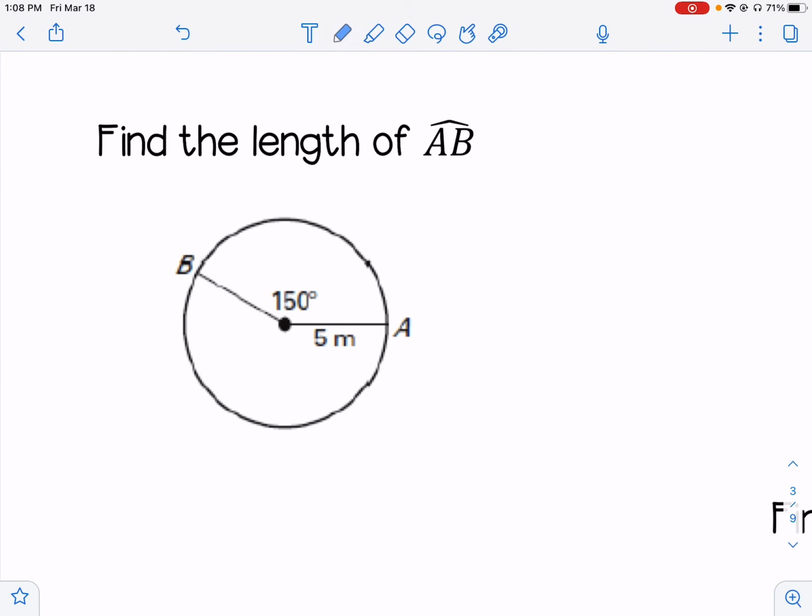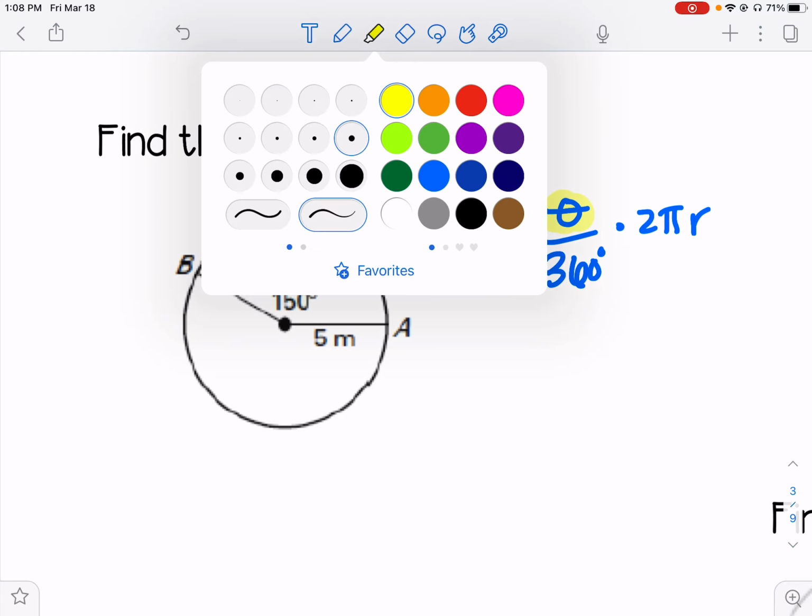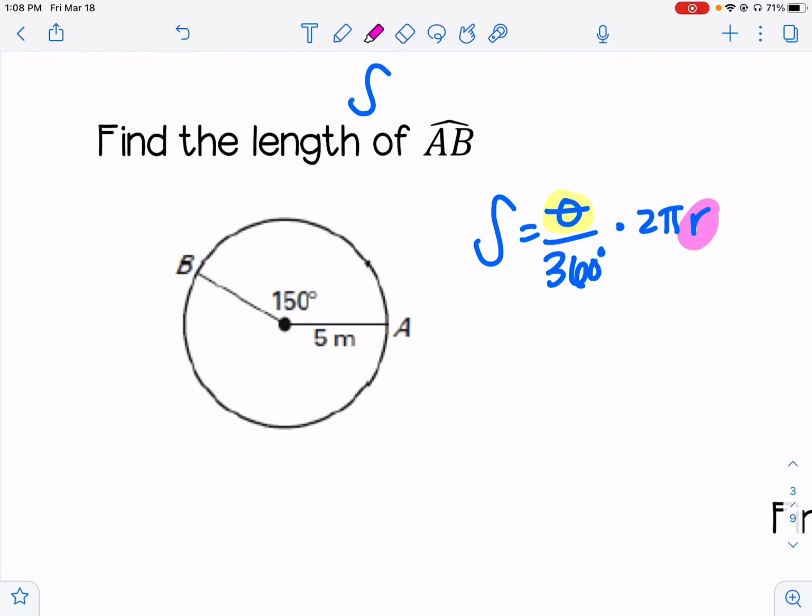So this one is asking me to find the length of AB. So it's asking me to find actual S. When we're talking about the length of an arc, we're representing that as S. So I'm going to start with my formula. S equals theta over 360 times 2 pi r. Now, if that's what I'm solving for, I know that I need to find theta in my problem, and I need to find r.